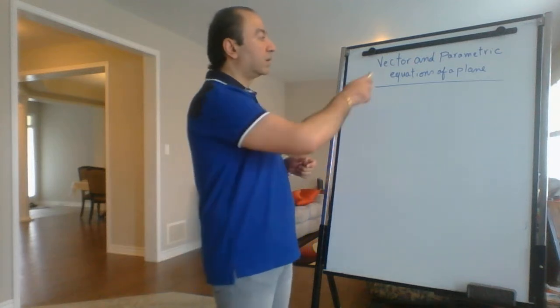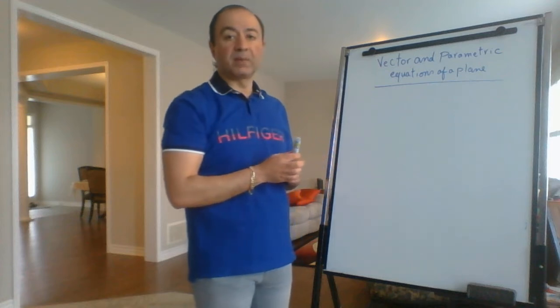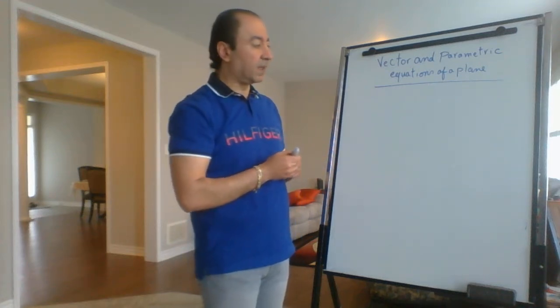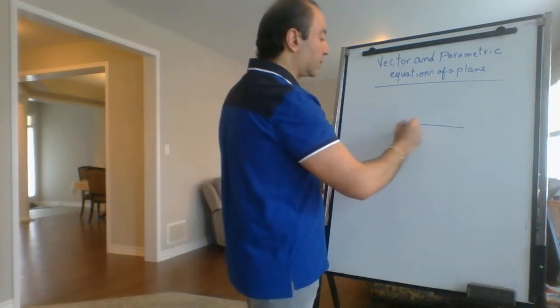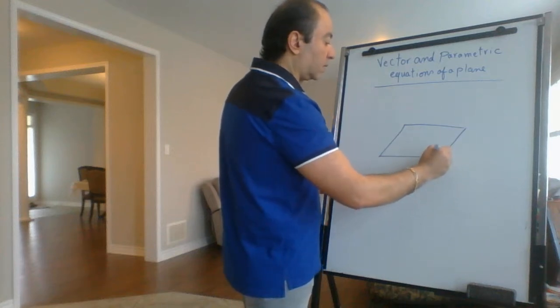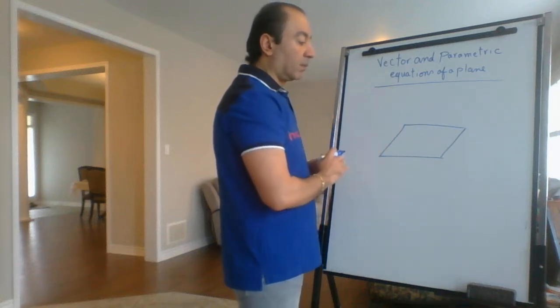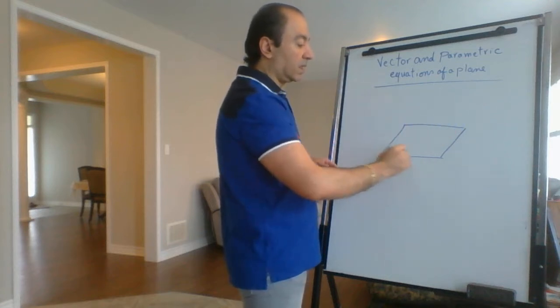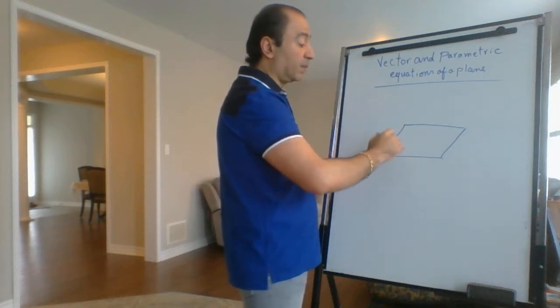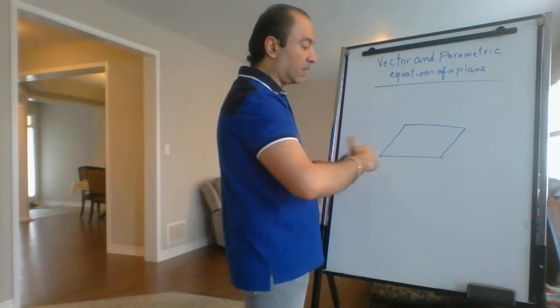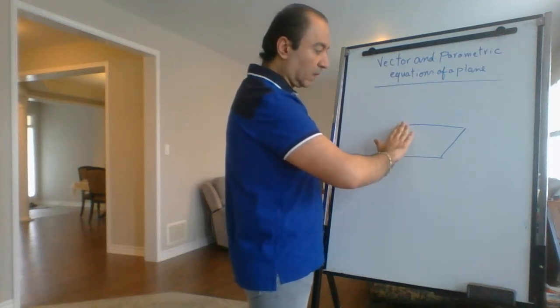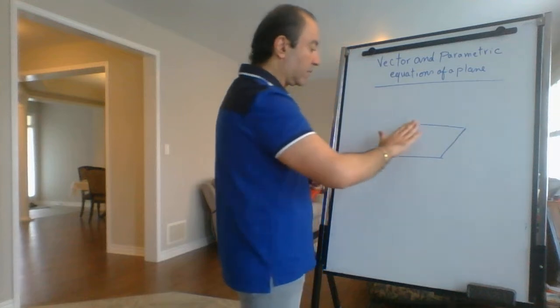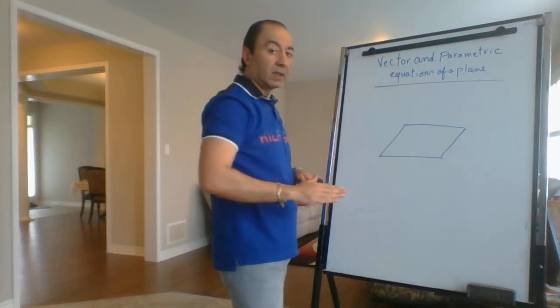Today we are going to learn the vector and parametric equation of a plane. First of all, what's a plane? If I draw this, it represents a plane, but it doesn't mean that the plane has boundaries. This is just to show me the level. Like this goes all the way this way, that way, this way, that way.